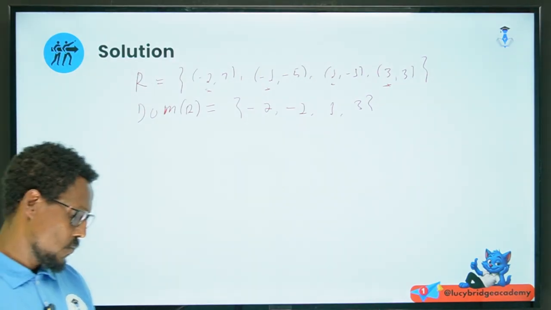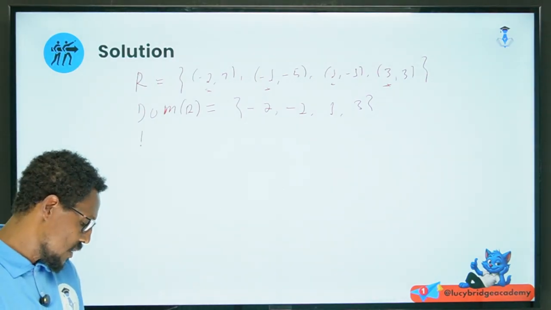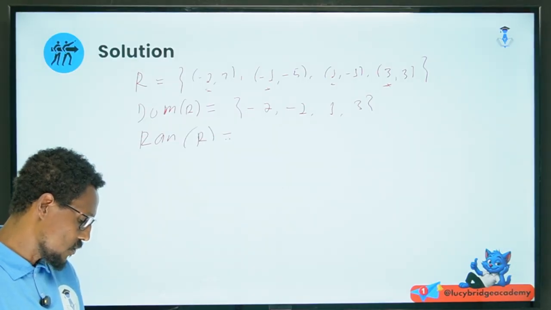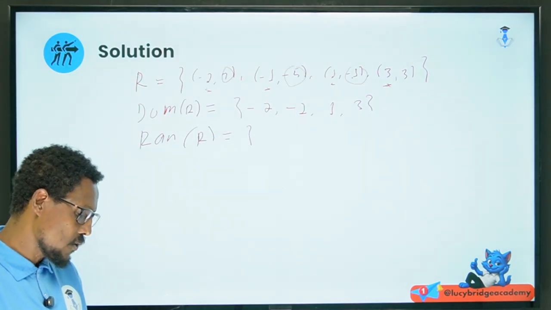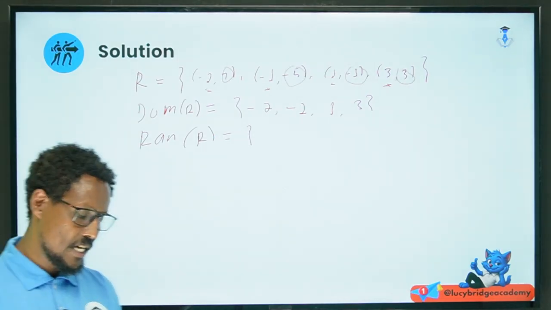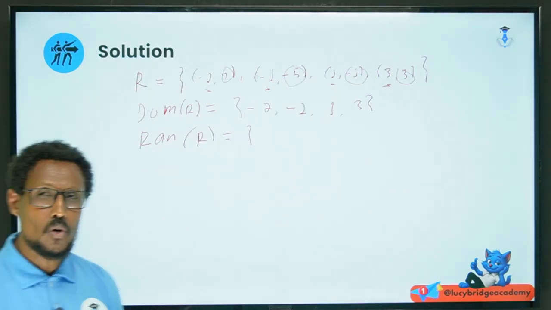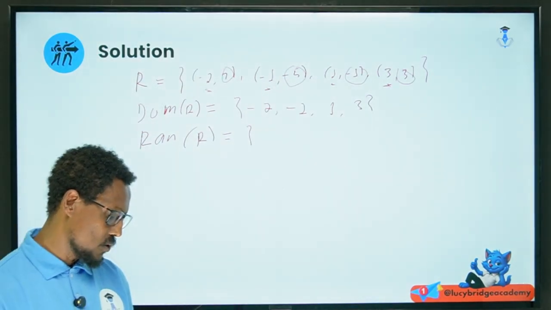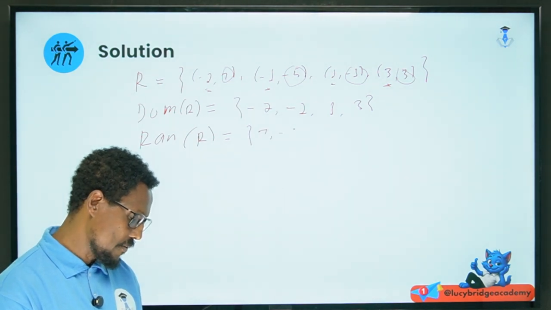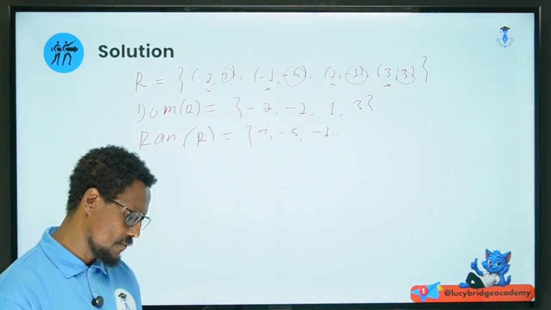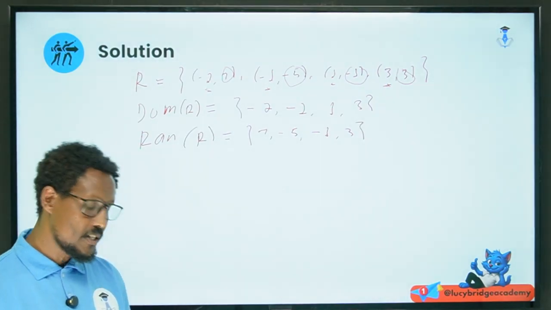What about the range? The range of r is equal to the set of all second components, or the set of all y values, which is 7, -5, -1, and 3. This is the range.